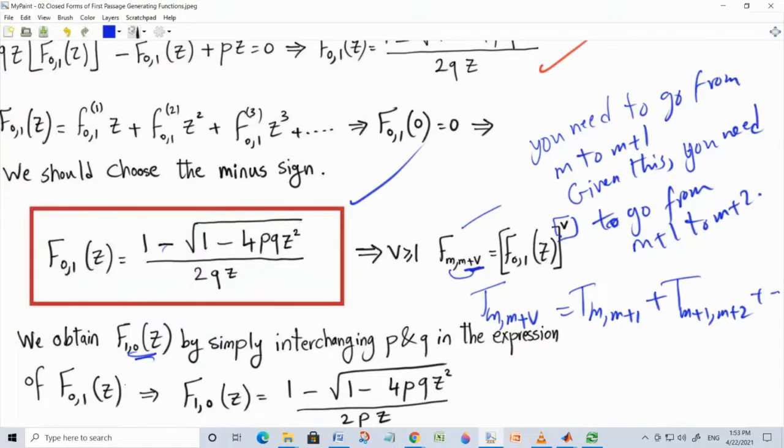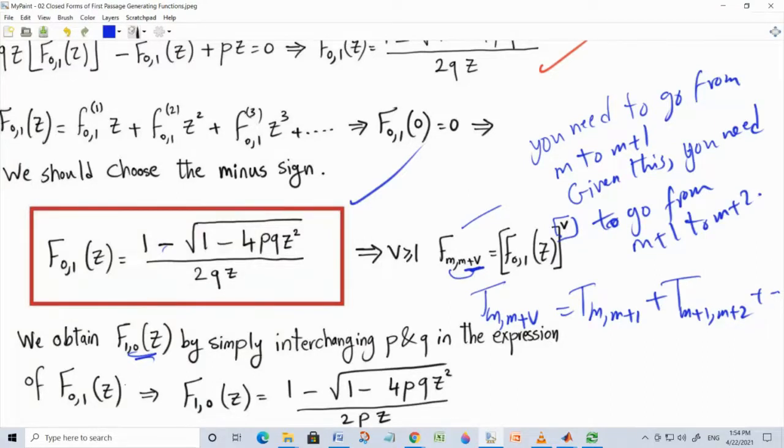Moving from i to i plus 1 or from i plus 1 to i, basically P and Q are interchanged. The rules are interchanged. So again, in our chain, because it's going along the line of integers, then you have this.